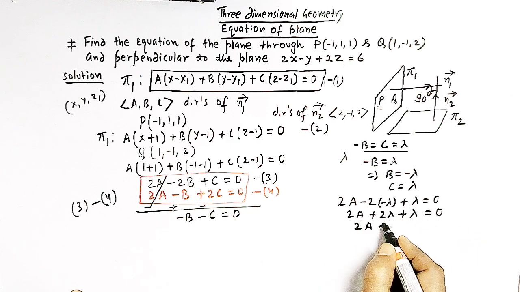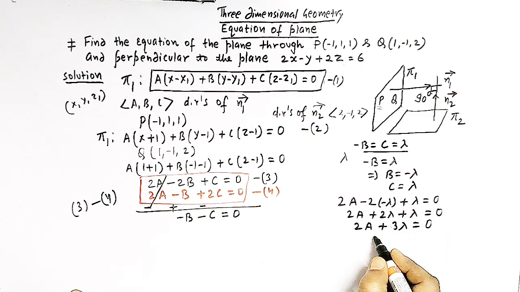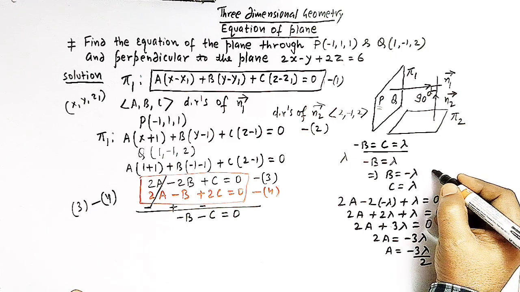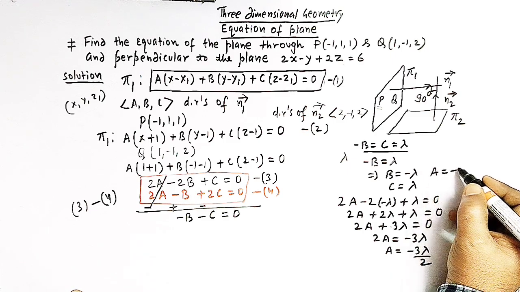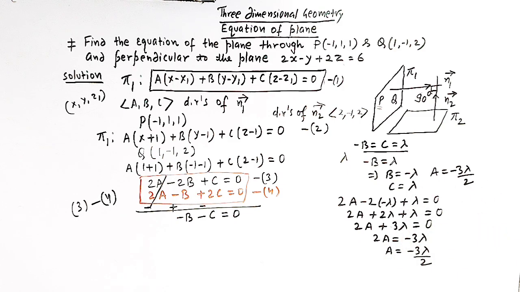So 2a plus 3 lambda is equal to 0. So we can now write 2a is equal to minus 3 lambda. So a is equal to minus 3 lambda over 2. So now we have the values of a, b, and c in terms of lambda.